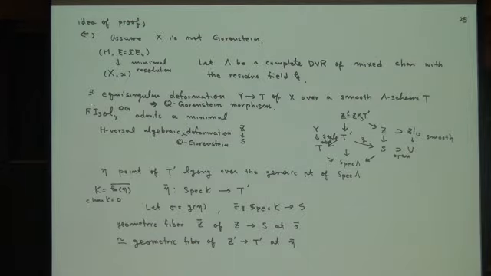Then there is an equisingular deformation Y_T of X over this smooth Λ-scheme T. And then we can prove, in fact, that this equisingular deformation is a Q-Gorenstein morphism. And then we know the functor Def^{QG} admits an H-versal algebraic Q-Gorenstein deformation.